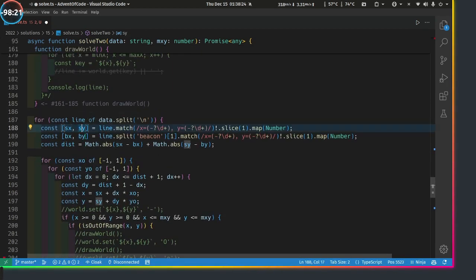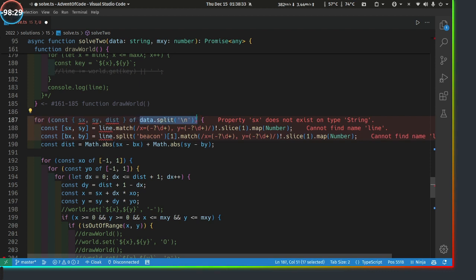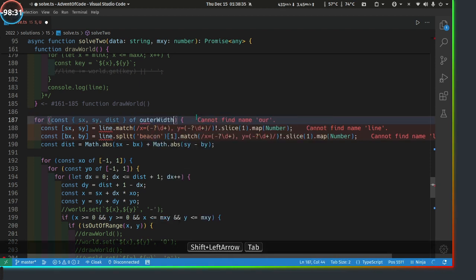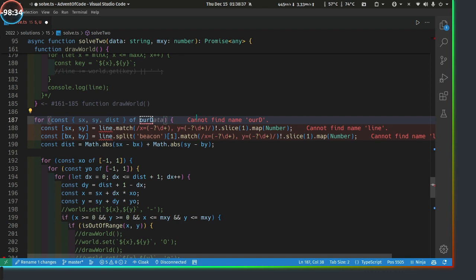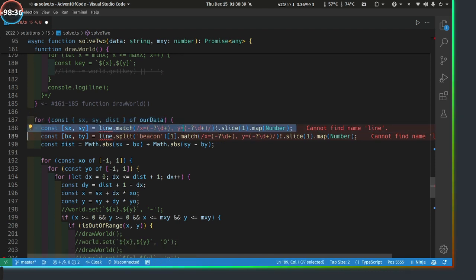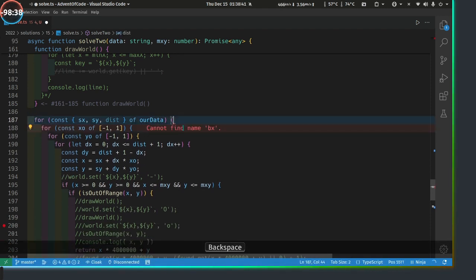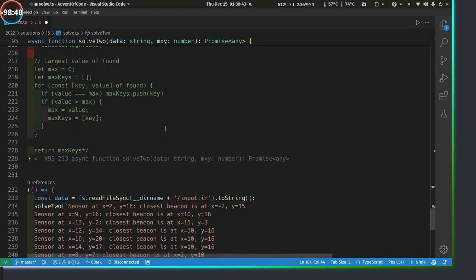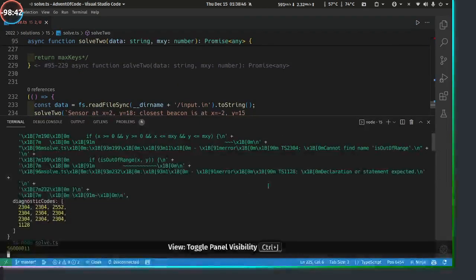We need the sensor. We need beacon. We don't need the beacon. Come on now. Nope. Our data. Thank you. Drop that. Okay, again, further optimized.